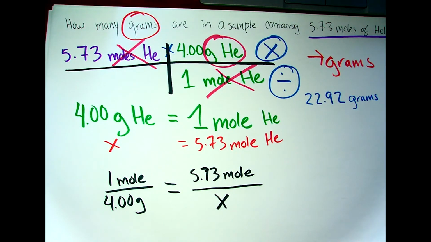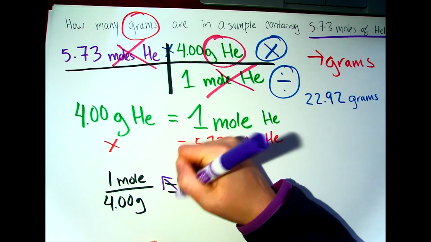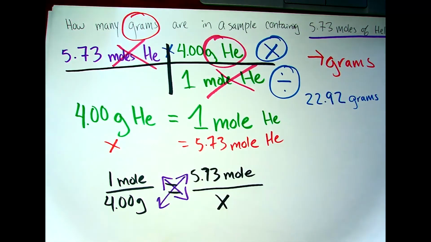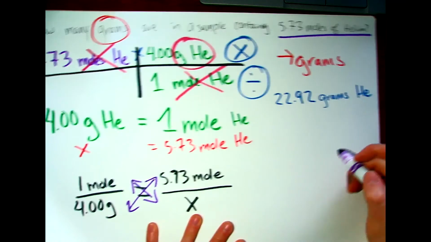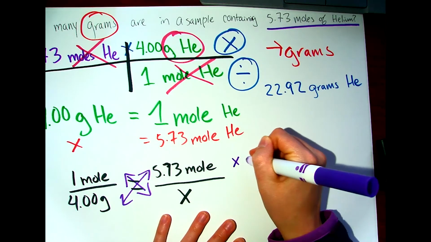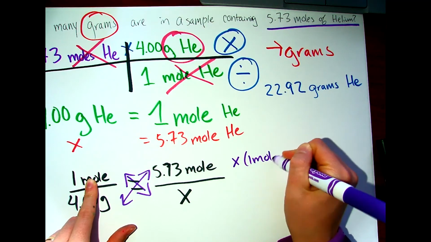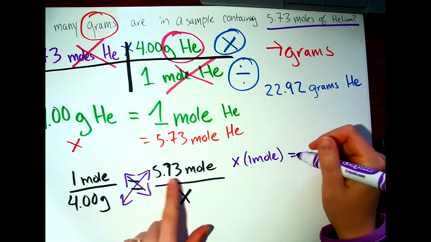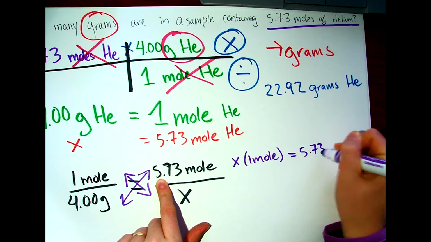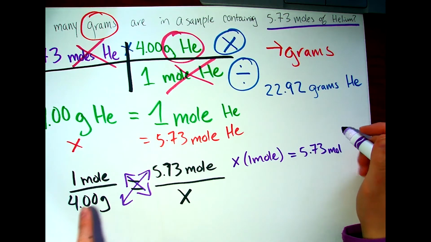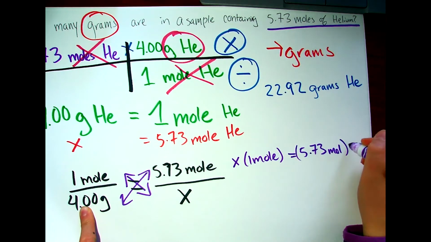And now with this type of problem, you can cross multiply to get x times 1 mole equals 5.73 moles times 4.0 grams.